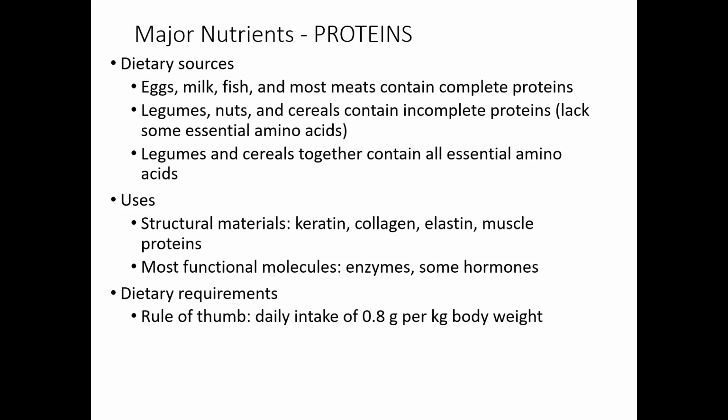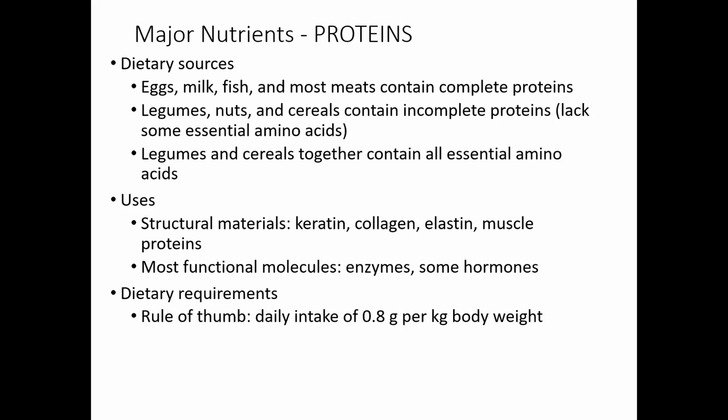We use our proteins, of course, for structure and function. The tiny fibers that make up our skeletal muscle are all protein. Collagen, the most abundant protein in the human body, is all protein. Elastin, the elastic fibers, are all protein. Keratin, the waterproofing compound in our skin, is all protein as well.